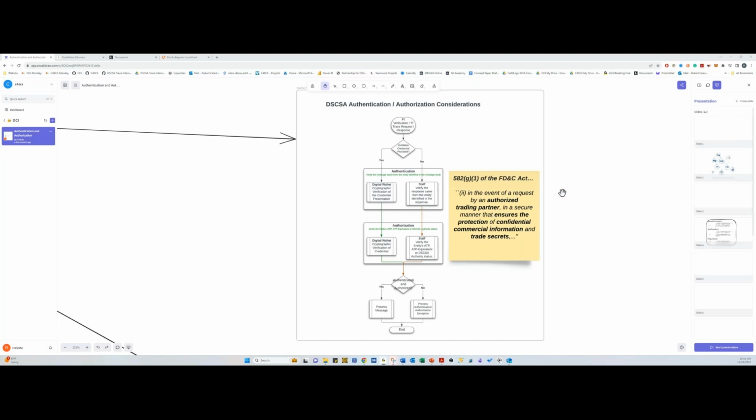Any other thoughts about this kind of area? This is a rather unusual set of requirements on an industry. Again, I keep referring to this as ad hoc because of these two areas here, where typically all of your messages flow between known trading partners.